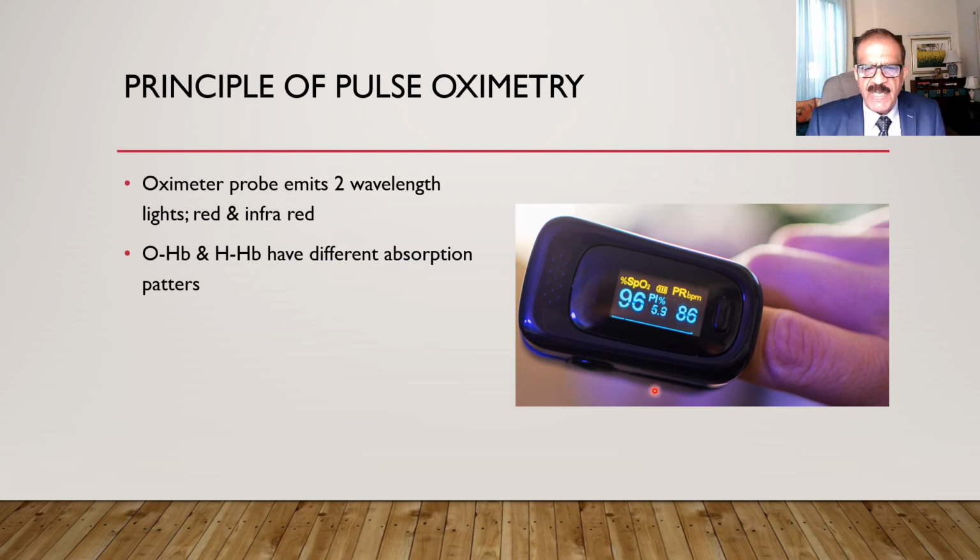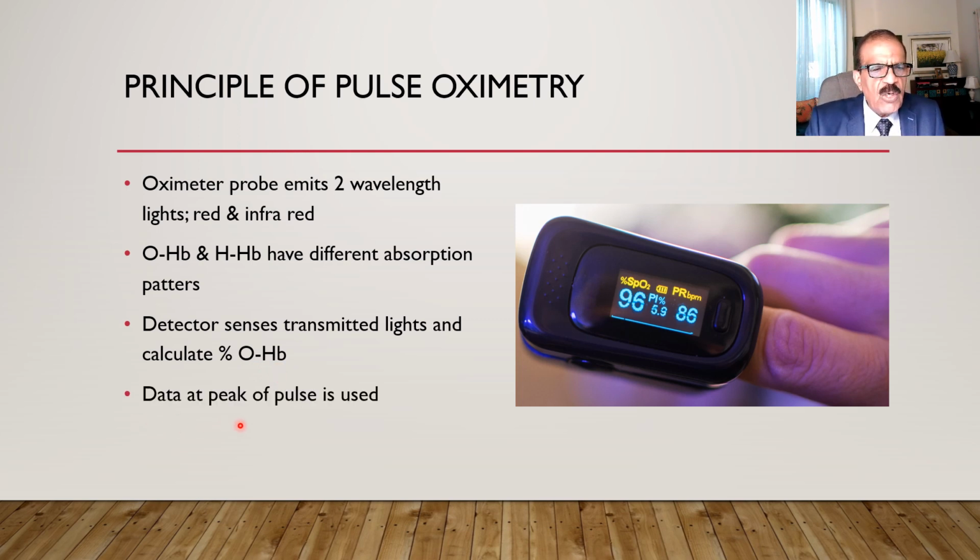So by measuring the relative proportion of both red and infrared, it calculates the amount of oxygenated hemoglobin. It also calculates the unoxygenated, but we are interested in oxygenated. And of course, if we have 100% normal, then whatever is oxygenated, the remaining is unoxygenated. Now, the detector senses the transmitter lights and calculates the percentage of oxygenated hemoglobin.